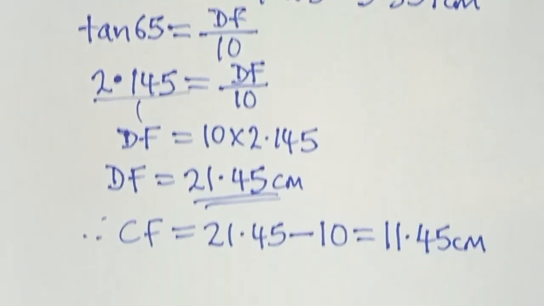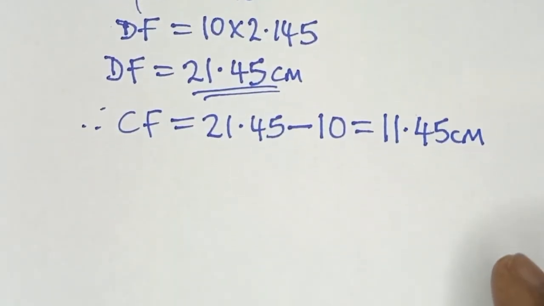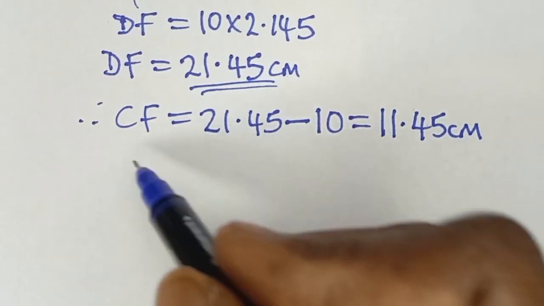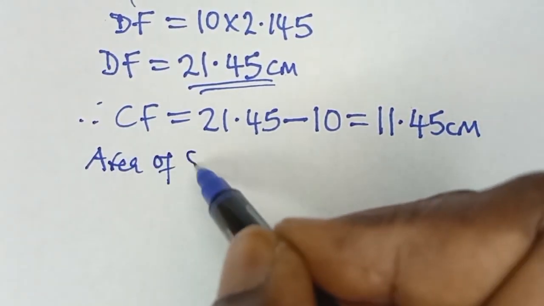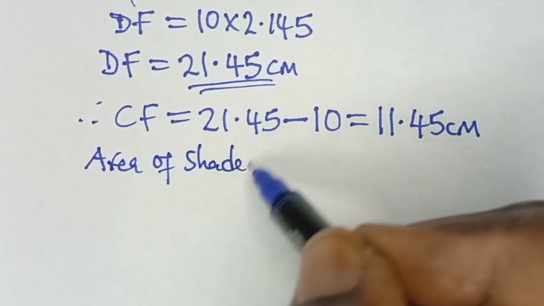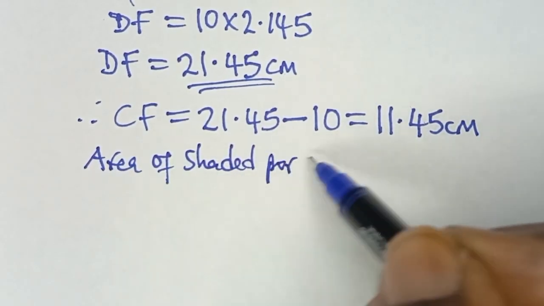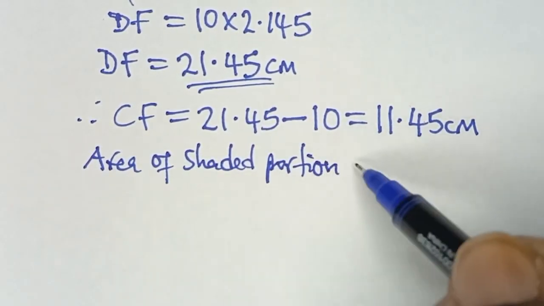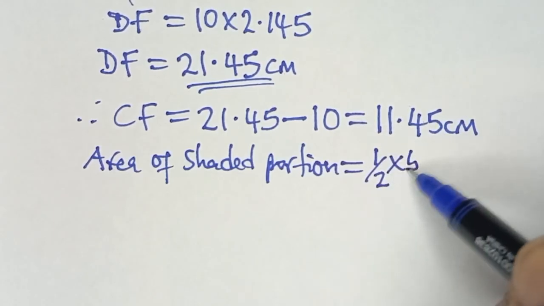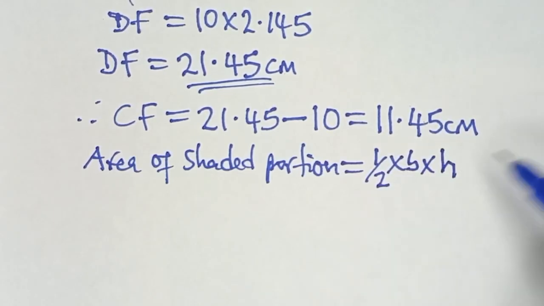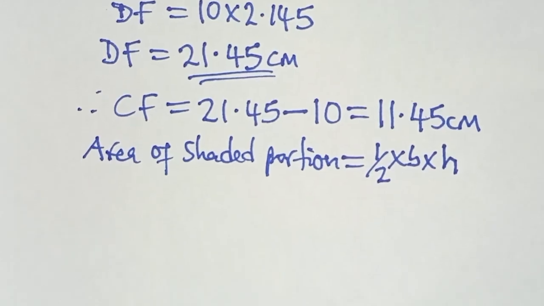So I'm going to say area of the shaded portion is equal to half times base times height. That's the area of a triangle.